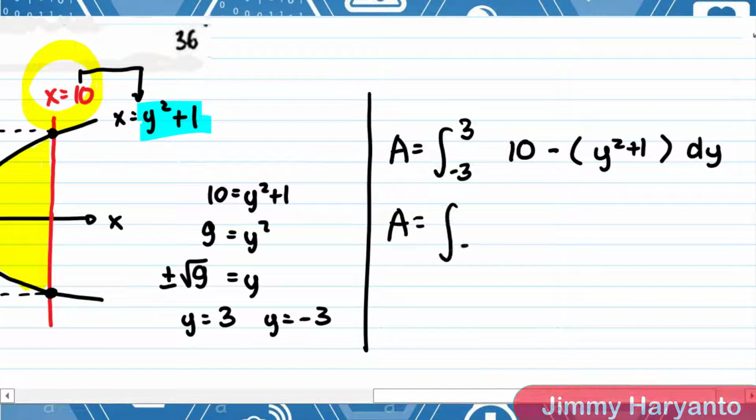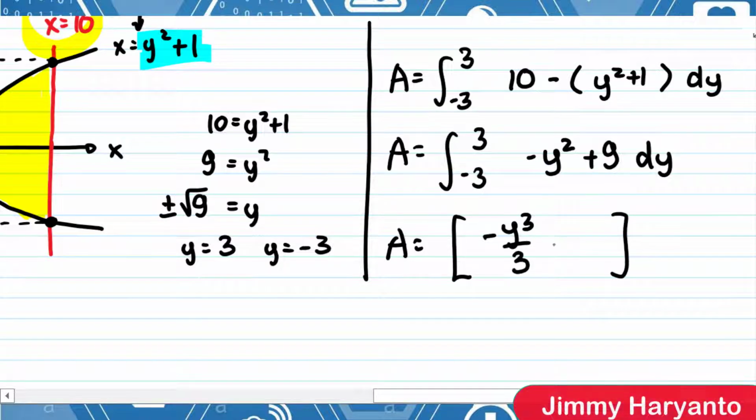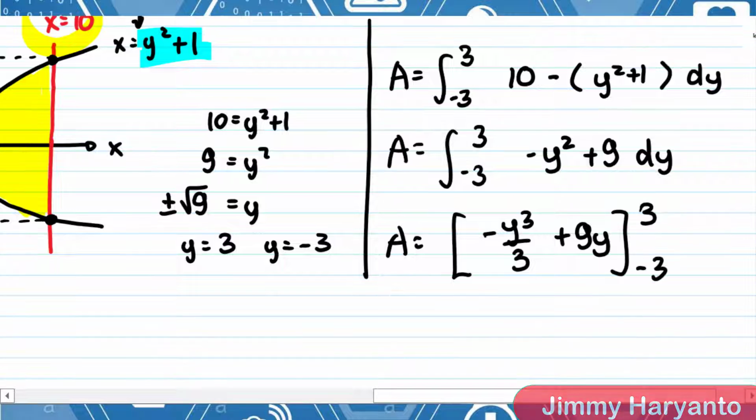So the area will be the integral from negative 3 to 3. Let's simplify this first: negative y square, and then 10 minus 1 plus 9, dy. And then you only have to integrate it: negative y cubed over 3 plus 9y, from negative 3 to 3.